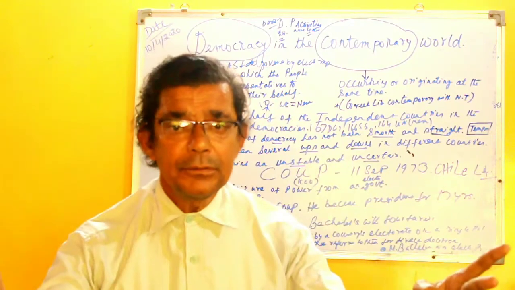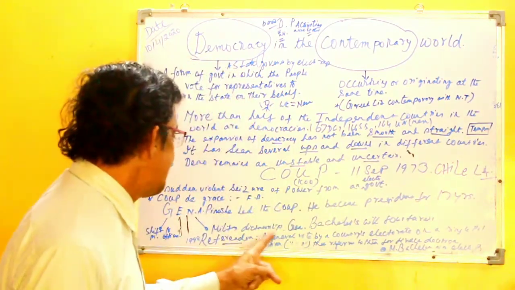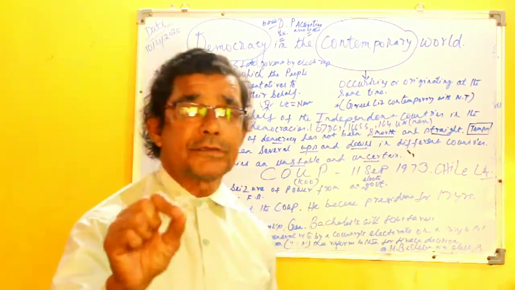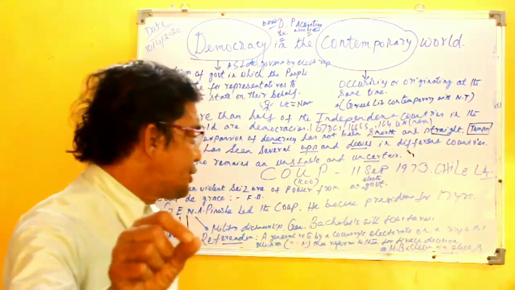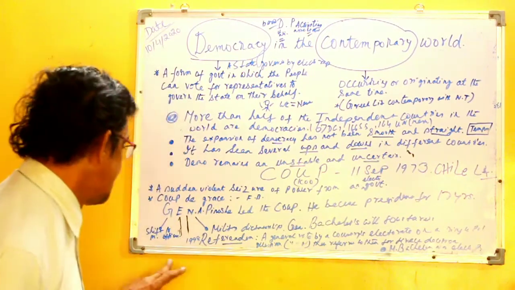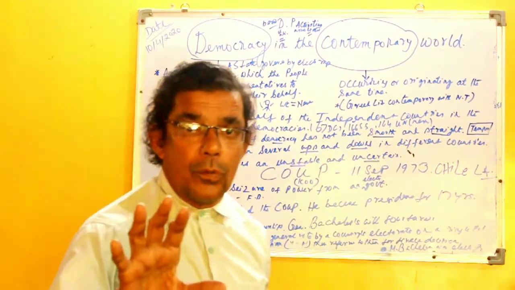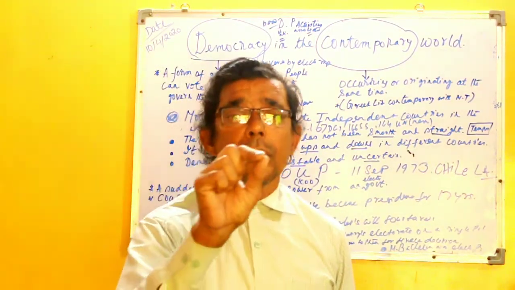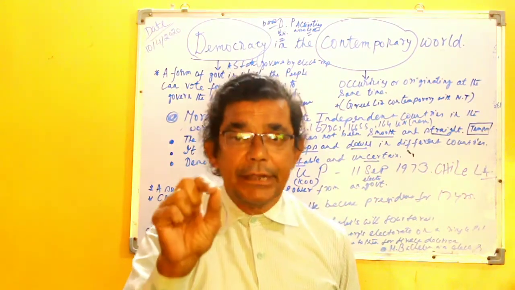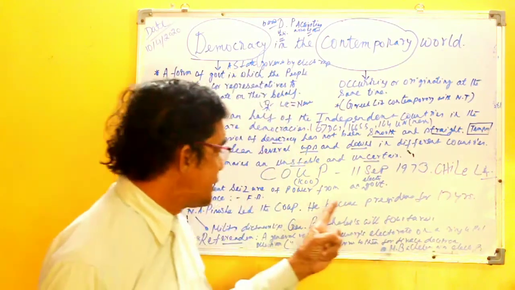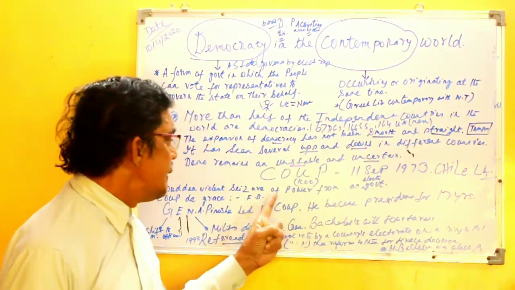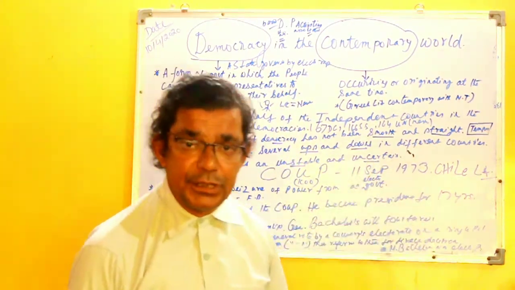And what happened over there? Military dictatorship was established. The country was under one-man control, under the dictatorship of General Augusto Pinochet.